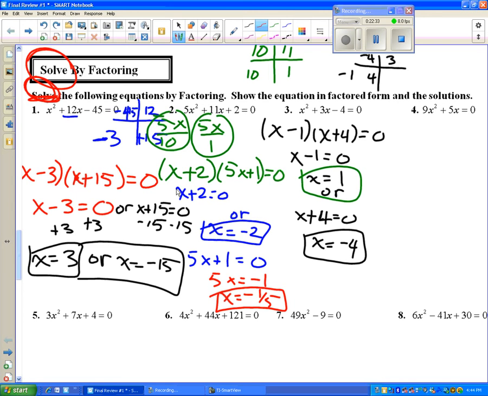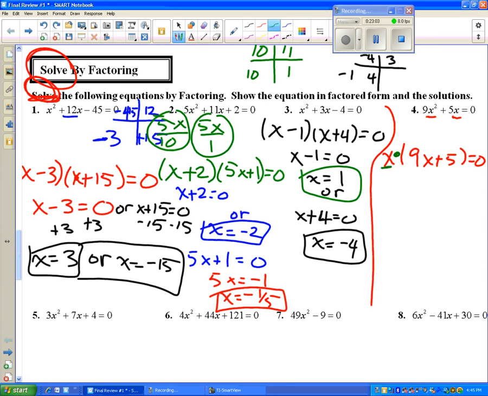Again, this has two terms, a 9x squared and a 5x. The problem is it's addition, so this is not a difference of squares, but I do have an x squared and an x. So I can pull out a greatest common factor of x, leaving x times 9x plus 5 is equal to 0. Now look what I have though. These are two factors.